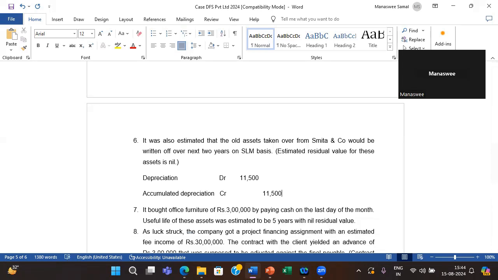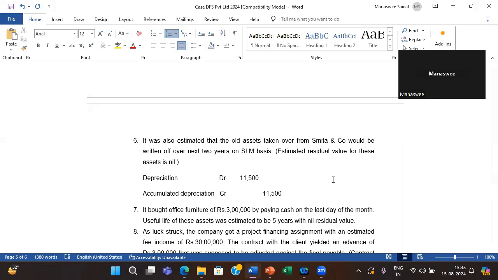Then we'll talk about the purchase of office furniture, 3 lakh by paying cash on the last day of the month. If it is the last day of the month, let us avoid depreciation calculation for one day. Because if you insist on it, I will say that I received the assets late evening that day, so no depreciation.